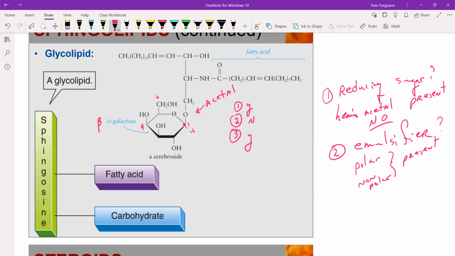Well, non-polar or polar parts? Well, ask yourself, does sugar dissolve in water easily? All of you know the answer to this.